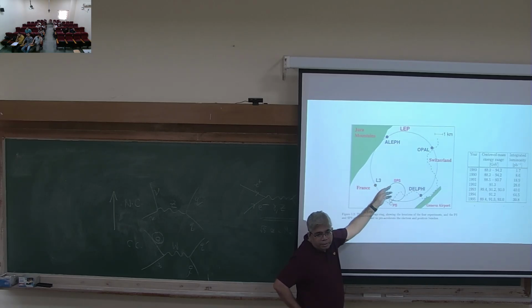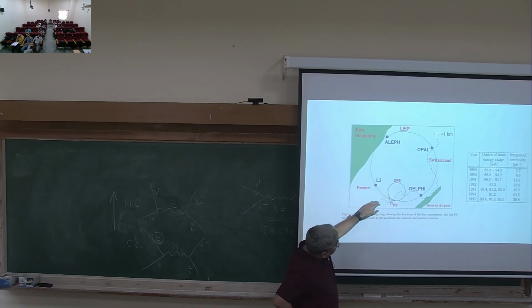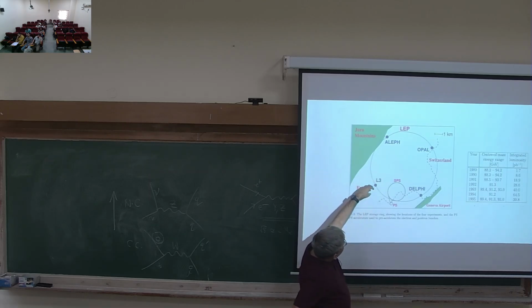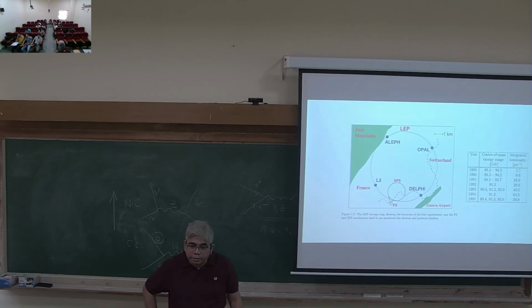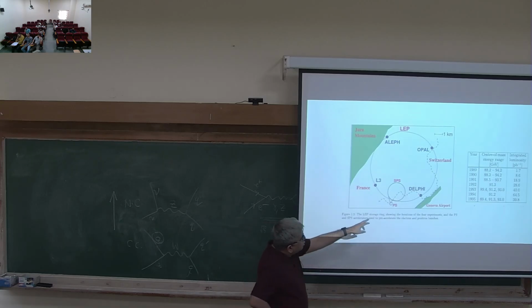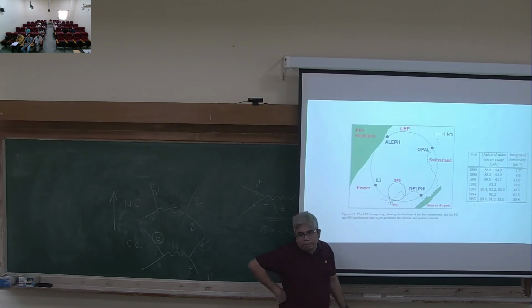So this is where essentially SPS was where Carlo Rubbia won the Nobel Prize for discovering W and Z. That was the old 83 result of Carlo Rubbia. So this ring corresponds to SPS. They had experiments UA1 and UA2, which discovered W and Z.